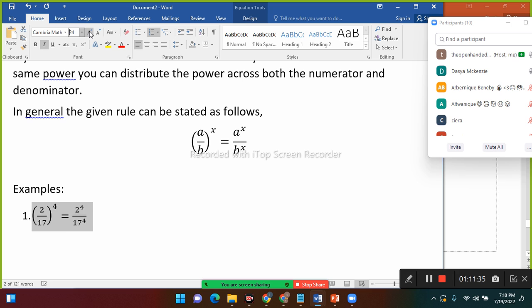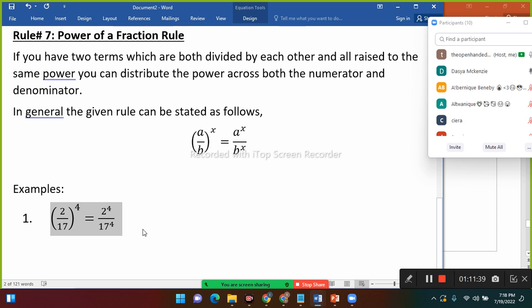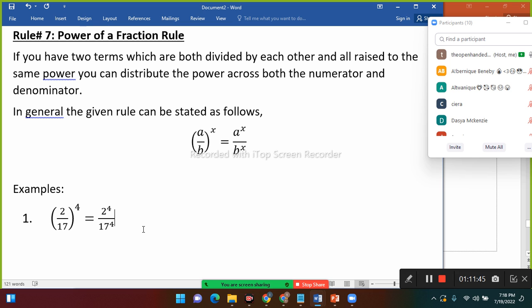So once we have that, we're not supposed to go any further. We just leave it like that. We are not simplifying all the way. I know you want to simplify all the way. We're just getting exposure to the rules. Once we have all the rules, then we can start simplifying all the way.